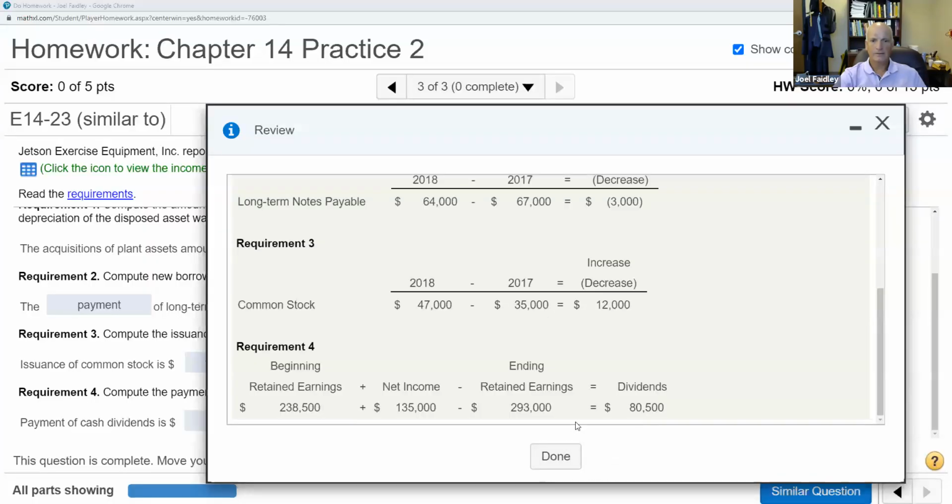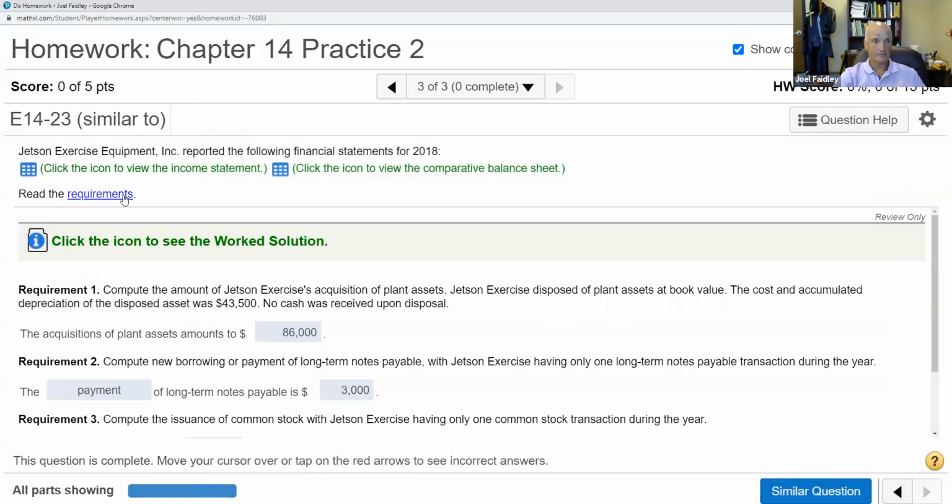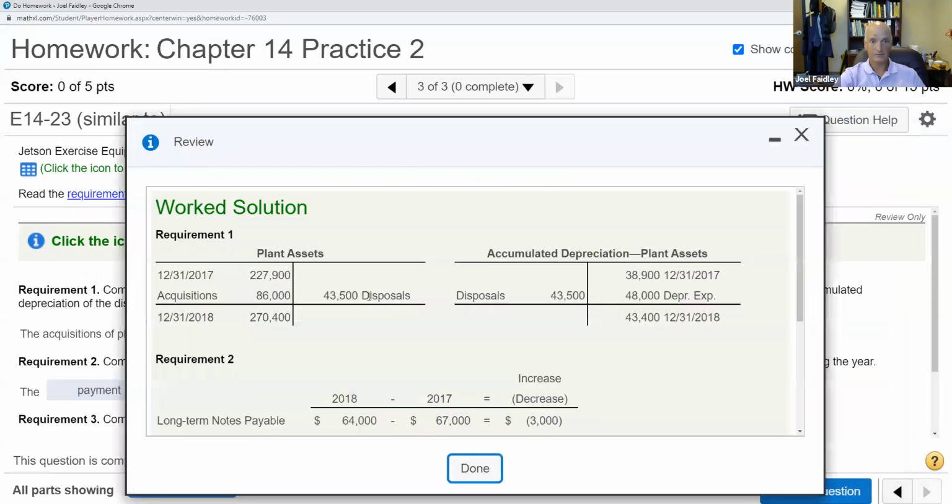All right, let's go there and see if that's right. Yep, 80,500. But a T account sometimes is easier to understand than looking at a calculation like that, because I really like the way they do this at the top.